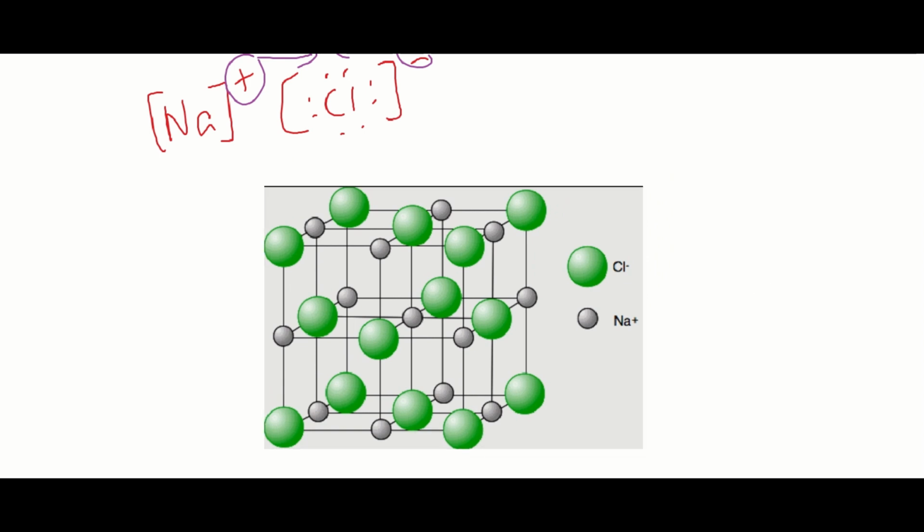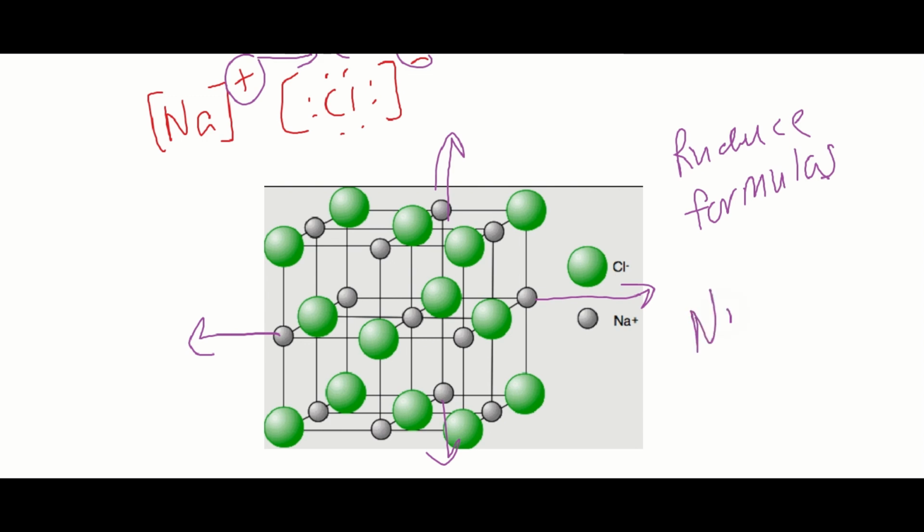Now, the reason this is important is because these things extend in all directions. And you can say practically it's uncountable, although we are going to learn how to count them in our next chapter. But this is why we have to reduce the formulas of ionic compounds. Let's say there's like 13 sodium ions and 13 chloride ions.